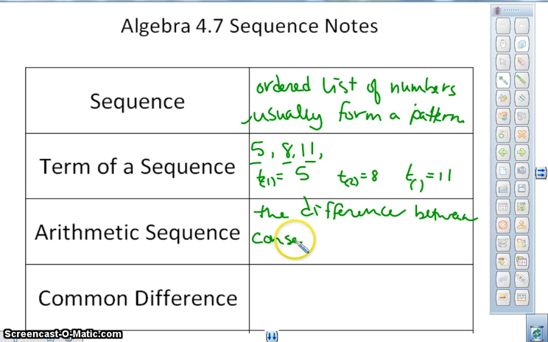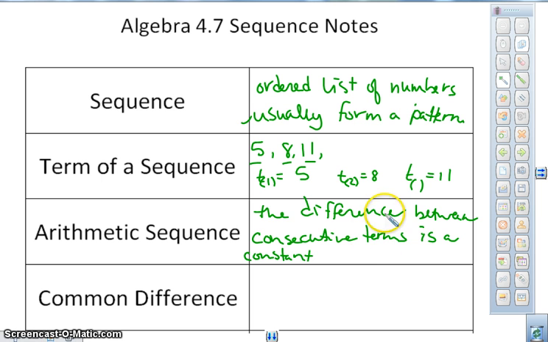So between consecutive terms is a constant. What do I mean by a constant? I just mean that you are going to add or subtract the same number. So in our one above, if you notice, from 5 to 8, we added 3. From 8 to 11, we added 3. The pattern was plus 3.